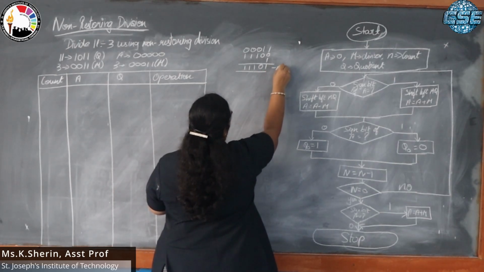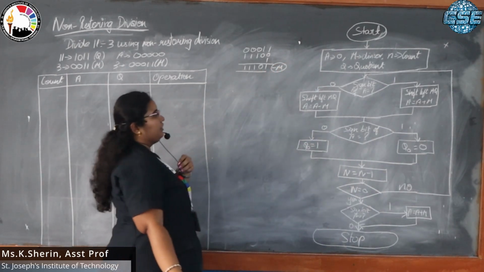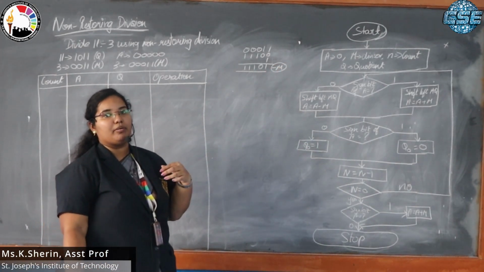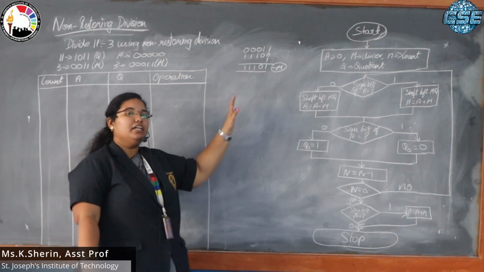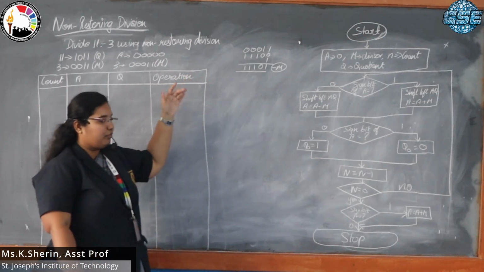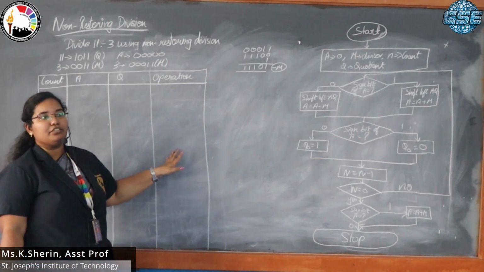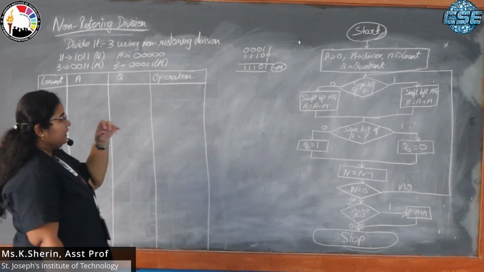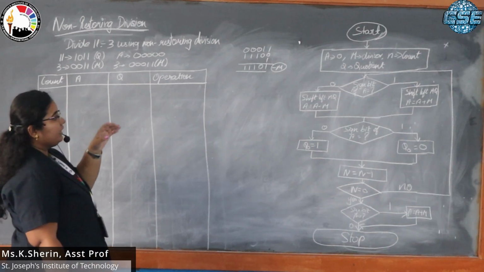So this is going to be my minus M value. Before going into the problem, it is easier if you find the minus M value beforehand, so that when providing the solution it is easier to identify. The next procedure is the initial operation.